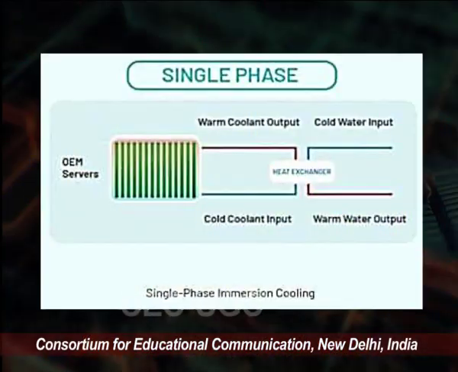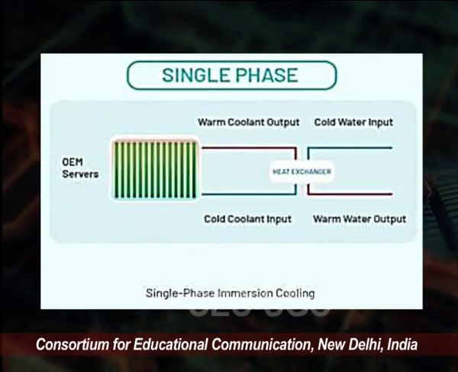Now you see here a single phase immersion cooling. On the left hand side we have the servers, and on the right hand side there is the warm coolant output and a coil, with the cold coolant input and the warm water output.